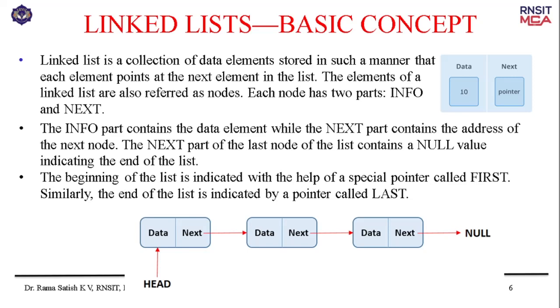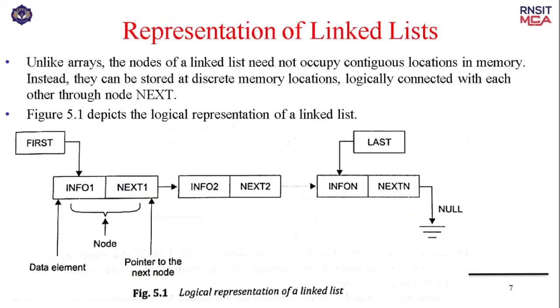Figure 5.1 depicts the logical representation of the linked list, where first and last are special pointers pointing to the first node and last node. The last node points to null, and every node has information and a next pointer pointing to the next node.